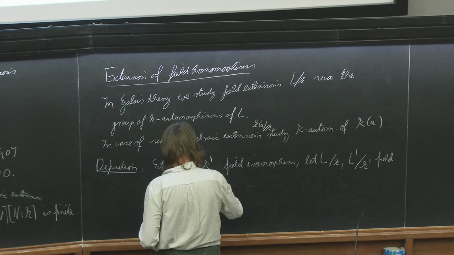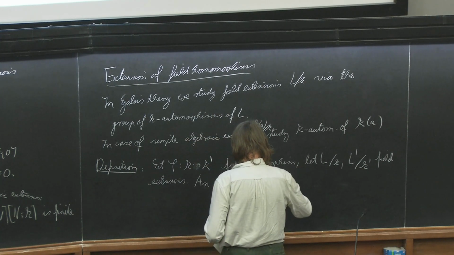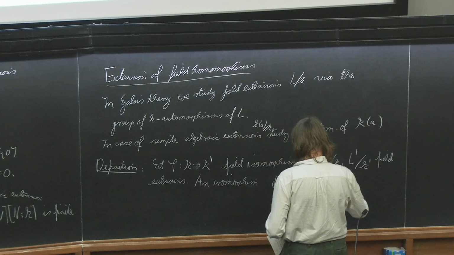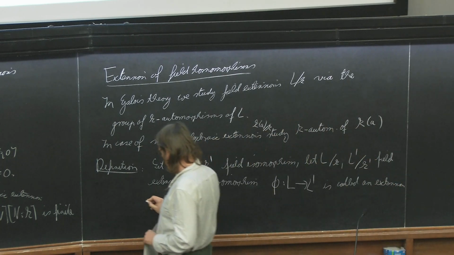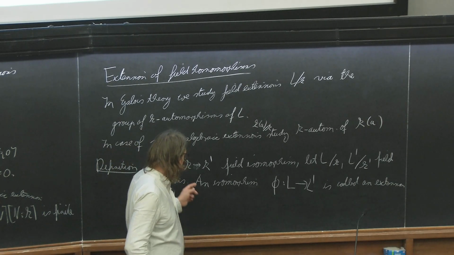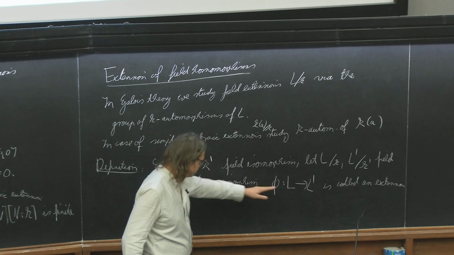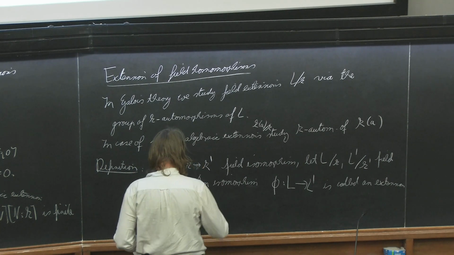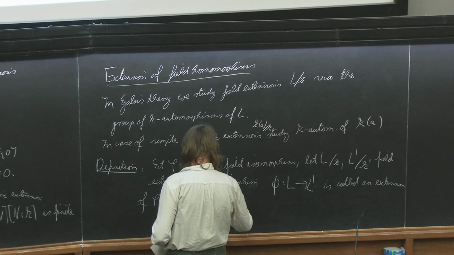So an isomorphism, say large Phi, from L to L prime is called an extension of our original phi if I restrict large Phi to small K, which is a subfield of L, it maps to K prime and just becomes small phi. That is, large Phi restricted to K is equal to small phi from K.